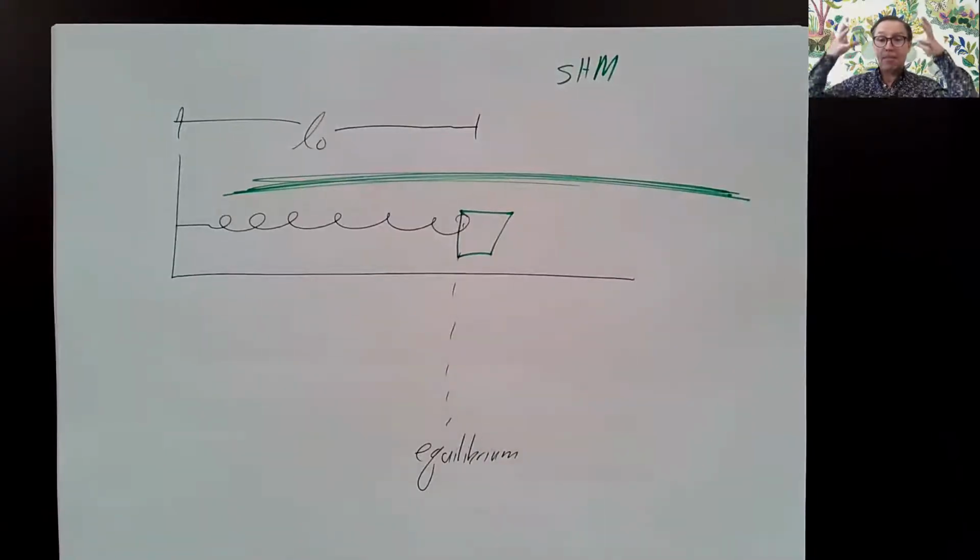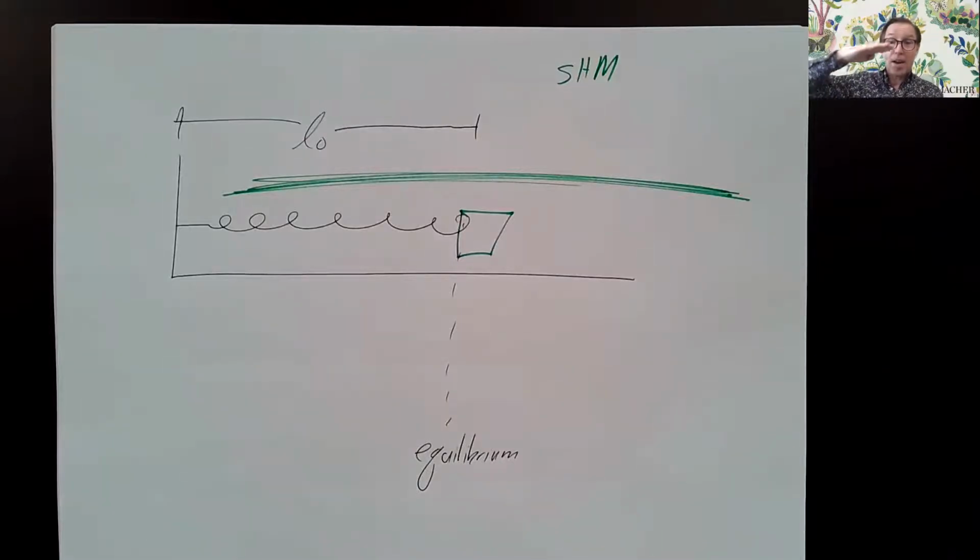What if I have a basketball and I drop it? It falls to the ground and then bounces back up, and falls to the ground and bounces back up. Is that going back and forth? Yes. Could I call it an oscillator? Sure. Is it a simple harmonic oscillator? No, it is not.